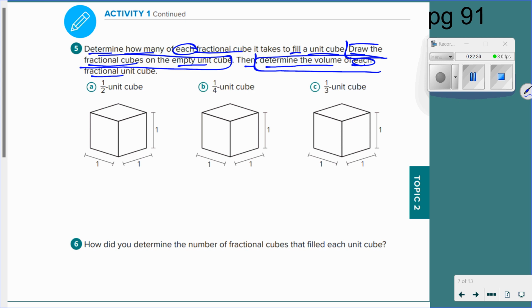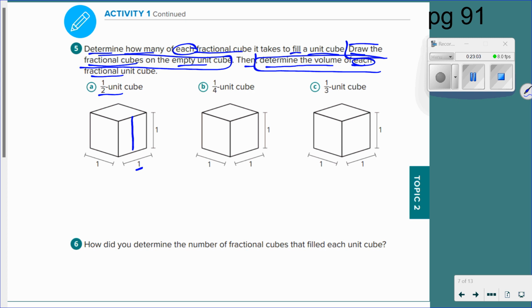So if it's a half unit cube and I have a whole unit, where is my line going to be? Wyatt? In the middle. In the middle. So Keegan, if it's a unit high, where's my line going to be? It's also going to be on the top. What about the side over here? If it's 1 high, where's my line going to be?